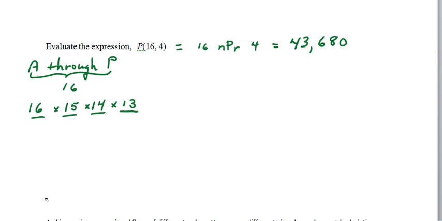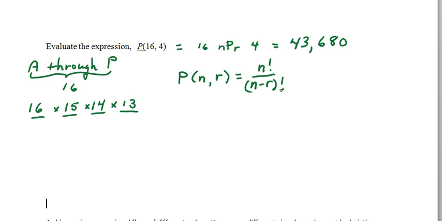And there is a third way of doing this, using factorials. The definition or the formula for the number of permutations of n things taken r at a time is n factorial over n minus r factorial.